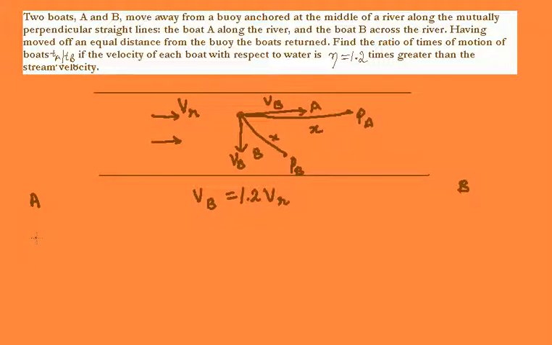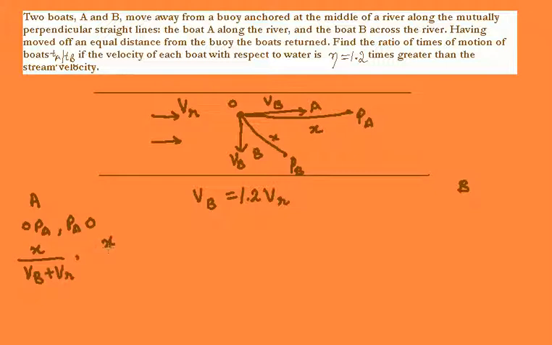Okay. So let this be the origin. For A we have to go from O to PA and from PA back to O. The time it takes from O to PA would be the distance x divided by the velocity, which gets added to the velocity of the boat because it's in the direction of the velocity of the river, so x divided by Vb plus Vr.